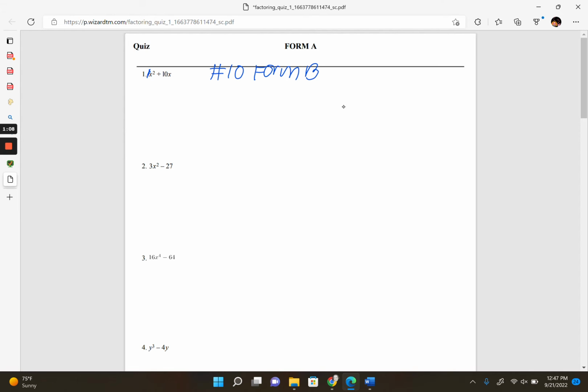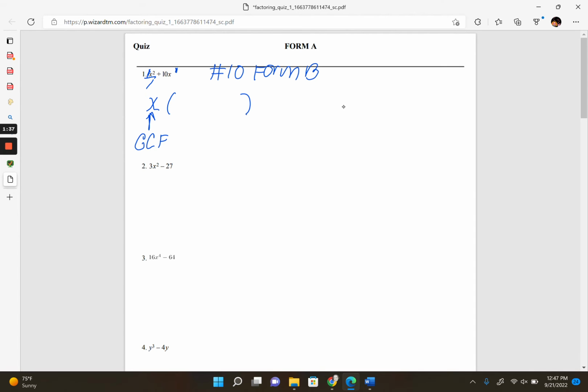Between 1 and 10, there is no GCF other than 1, which doesn't help us in this case. But look at the variables. We have x squared and x to the first. We always take out the lower power of the variable, so that would be x. Don't forget to write the GCF in the front.